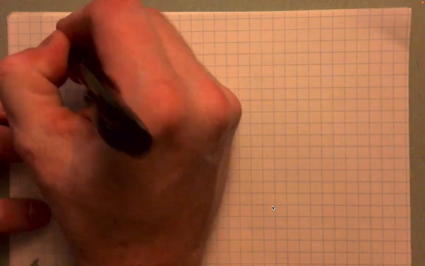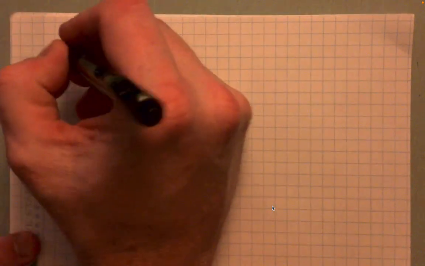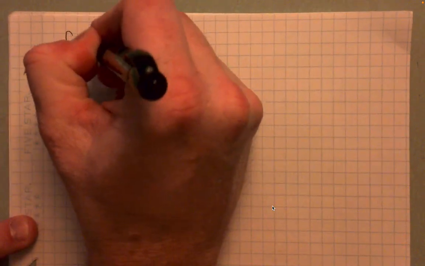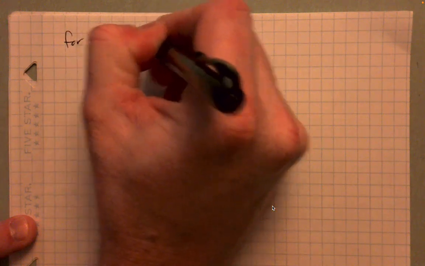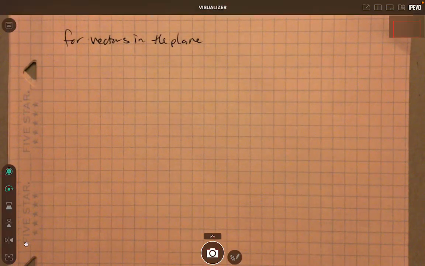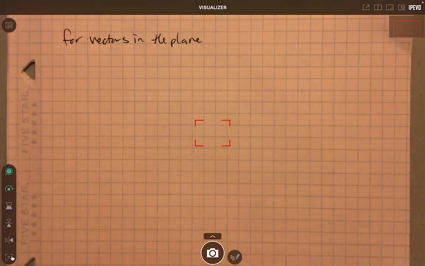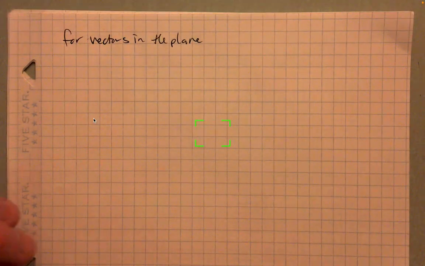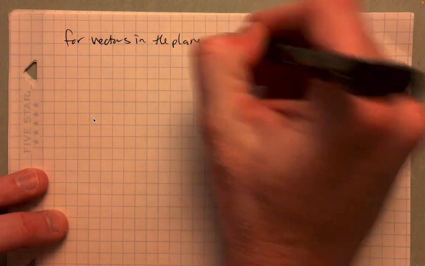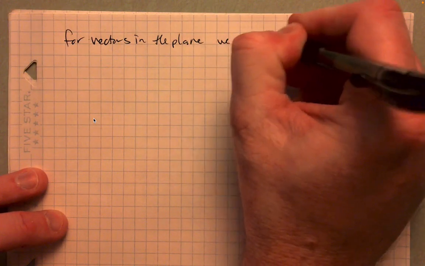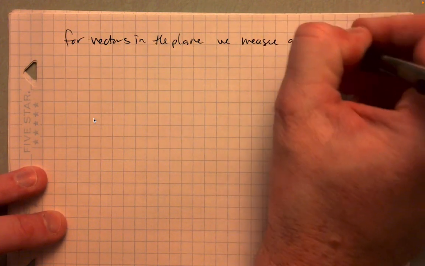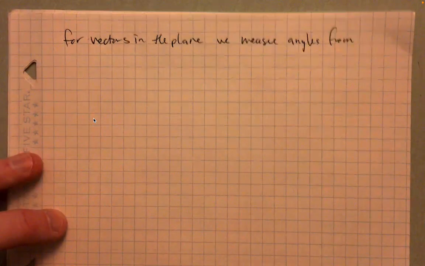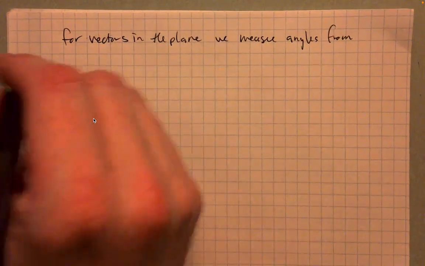So moving on, up to this point, thinking about vectors in the plane. For vectors in the plane, we typically measure angles from the positive x-axis to the vector.